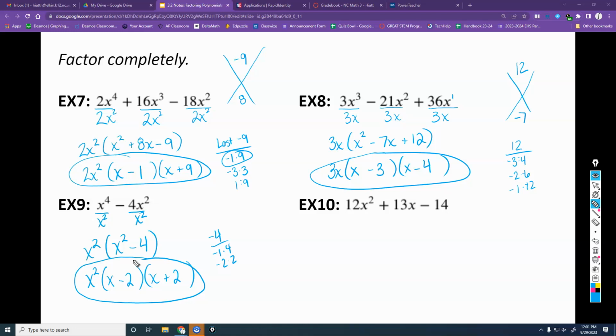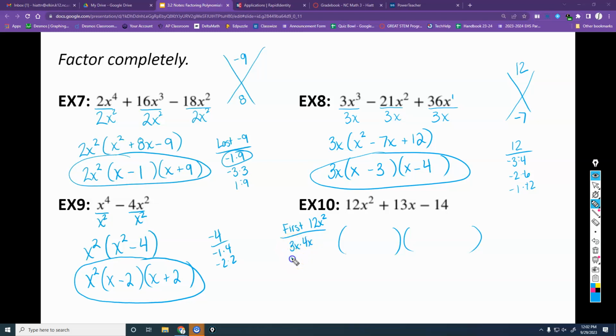All right, 10 is one of the difficult ones because for 10, is there a greatest common factor on that one? There is not. So that means that I've got 2 sets of parentheses, and my first term is 12x squared, which has lots of options. I could do 3x times 4x.